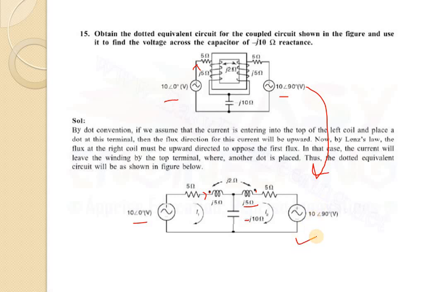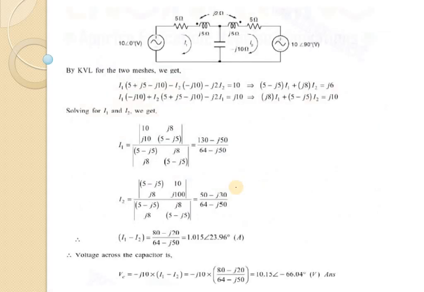And in between this, it is given that the mutual inductance value M is J2. So here the value of M is J2, that is shown here. Okay, so now let's calculate. By applying KVL for the two meshes, we have taken the KVL mesh equations. This is loop 1 and this one is loop 2.